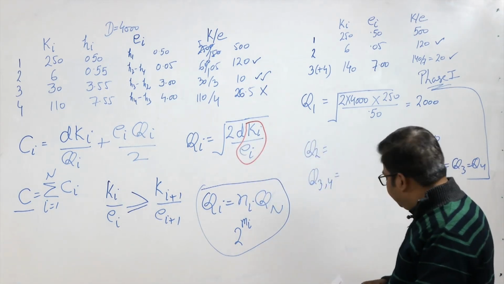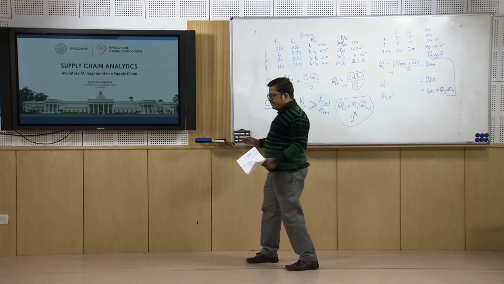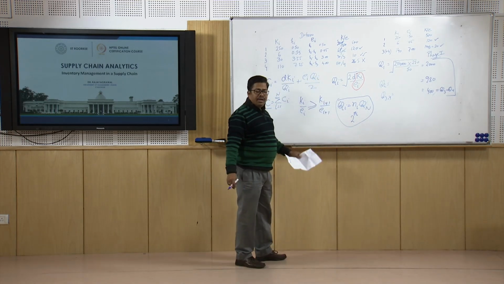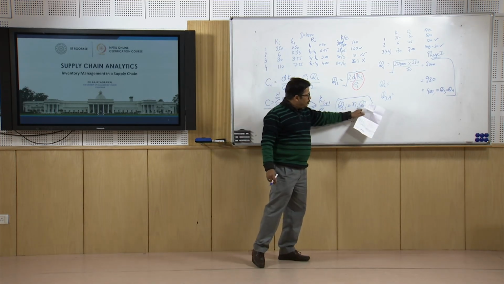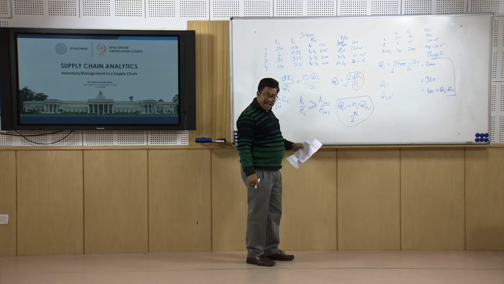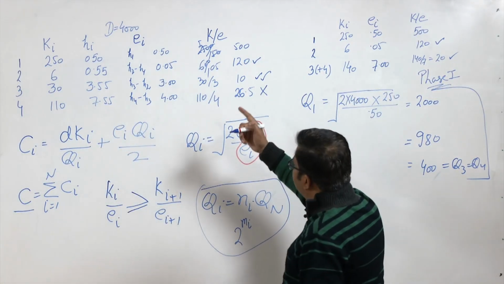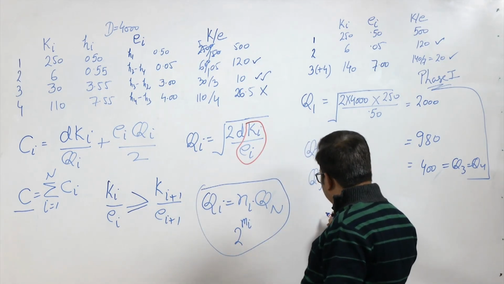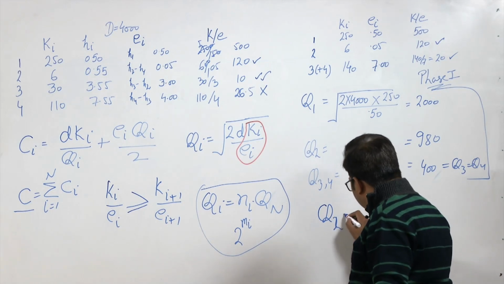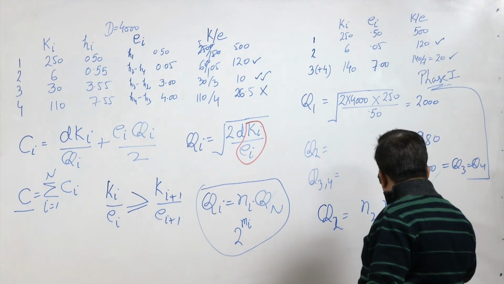Now to initiate our phase 2 process, we will see first that this Qi, which is Ni into Qn, in this particular case we have to determine the values of Ni. If I am at stage 2, there will be N2, N3, Q4.